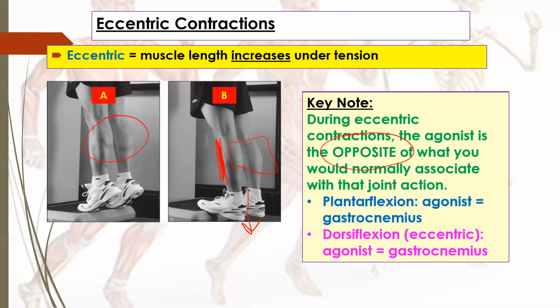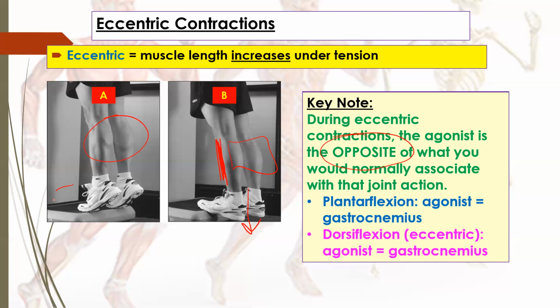However, in this example, because it's controlled downward movement, during dorsiflexion, it's an eccentric contraction. So as you go from this position to this position, it's a controlled lowering. That then becomes eccentric. And what it basically means is that the agonist stays the same as what it was before. So the gastrocnemius remains the agonist, but it's now working eccentrically.